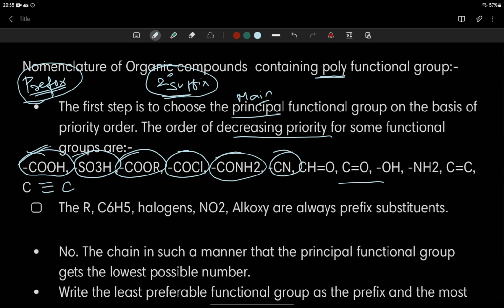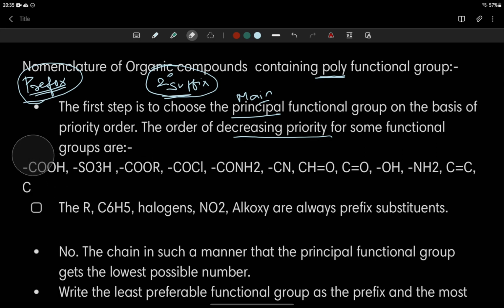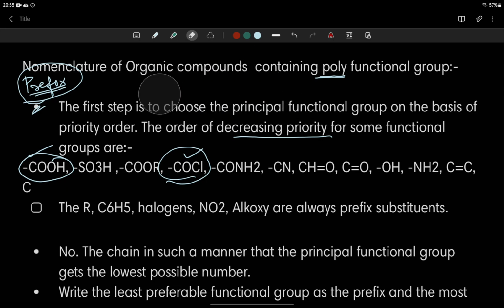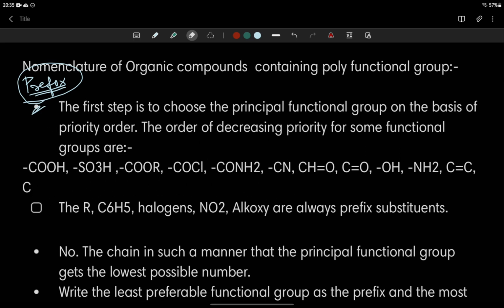If in an organic compound two groups are present, say COOH and COCl, we would write COOH as the principal functional group in the suffix part, and COCl, because it is lower in priority, will be written in the prefix form. I hope you have got this clear. You need to remember this: first COOH, then SO3H, COOR, COCl, CONH2, then CN, and likewise.